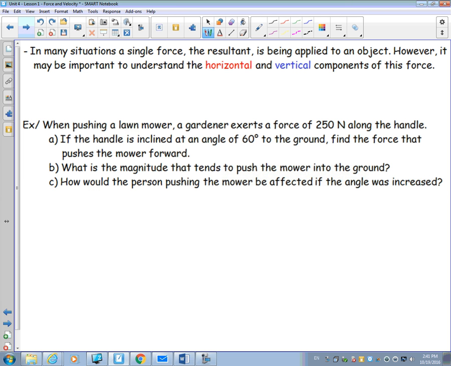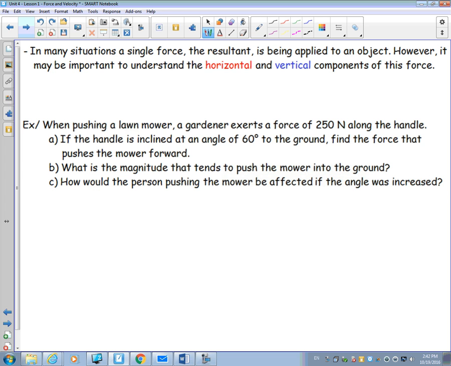In the real world, we often think of our horizontal force and our vertical force as the two components that were used to create the resultant force. If I lift an object, part of it is lifting it off the ground, but part of it is also moving forward. Those two things together make up the horizontal and vertical components.